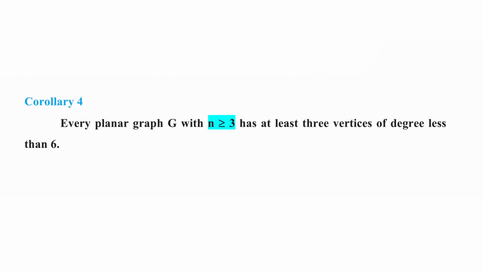Next, let us see the next corollary. Every planar graph G with n greater than or equal to 3 has at least 3 vertices of degree less than 6.